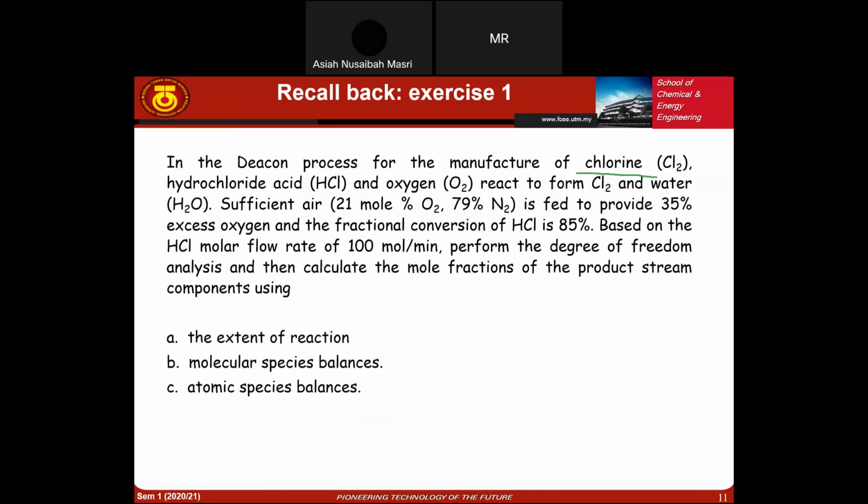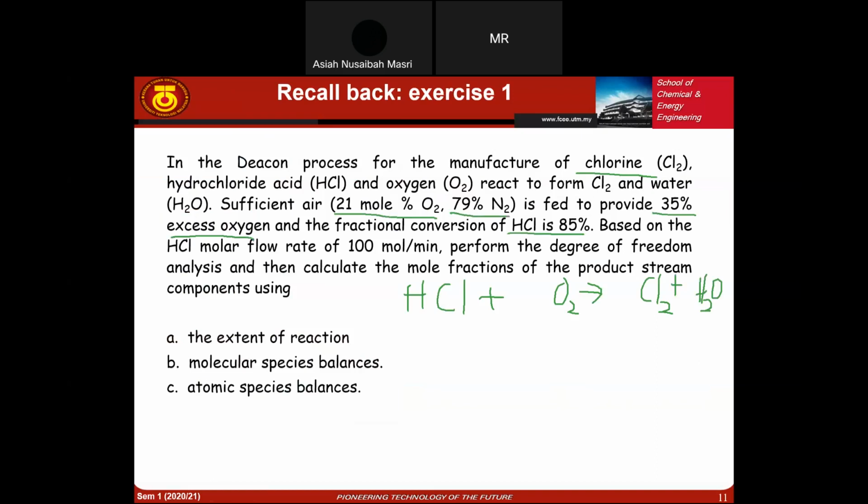So we have here HCl plus oxygen to get Cl2 and H2O. Sufficient air, which is represented by 21 mole percent of oxygen and 79 mole percent of nitrogen, is fed to provide 35% excess oxygen, and the fractional conversion of HCl is 85%.